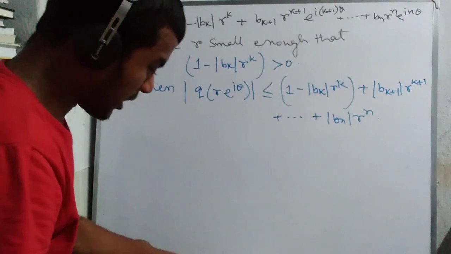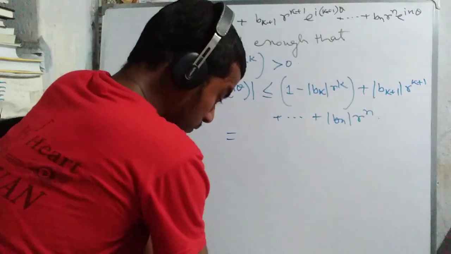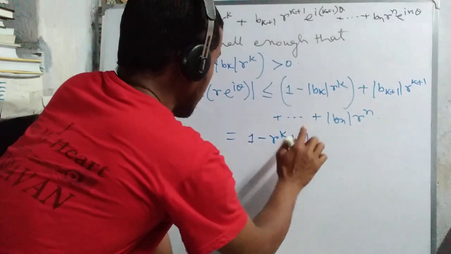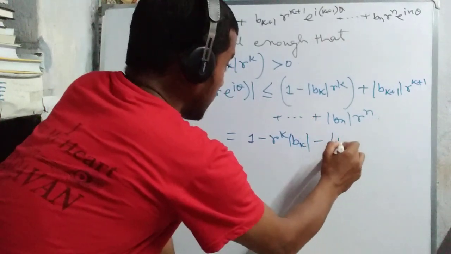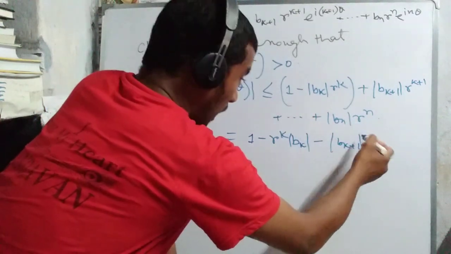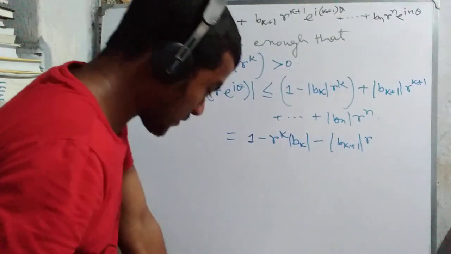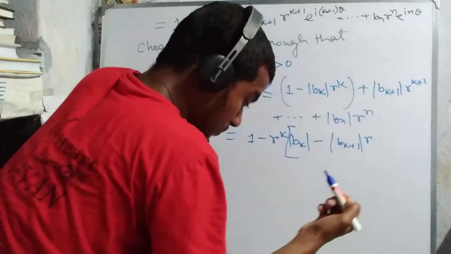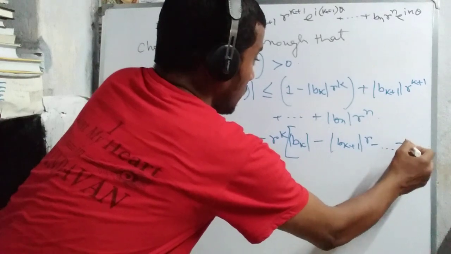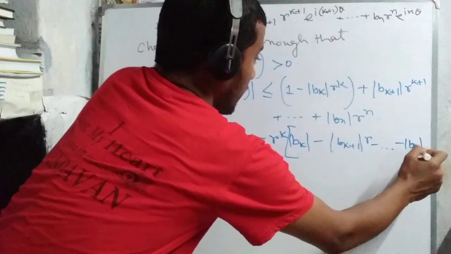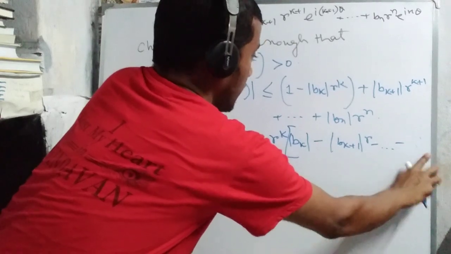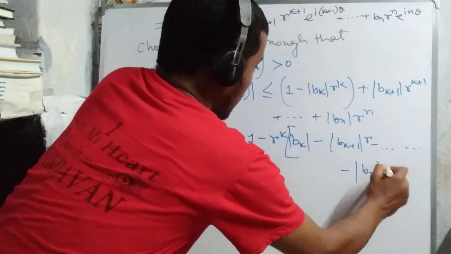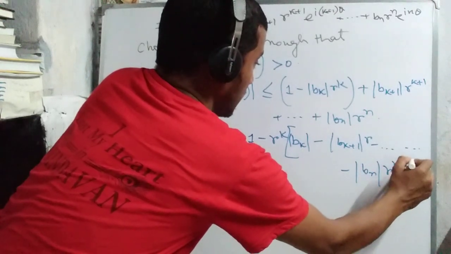Then obviously we write this as 1 minus r^k times the bracket: |p_k| minus |p_{k+1}| r, and so on, minus |p_n| r^{n-k}. Here r^k is common.